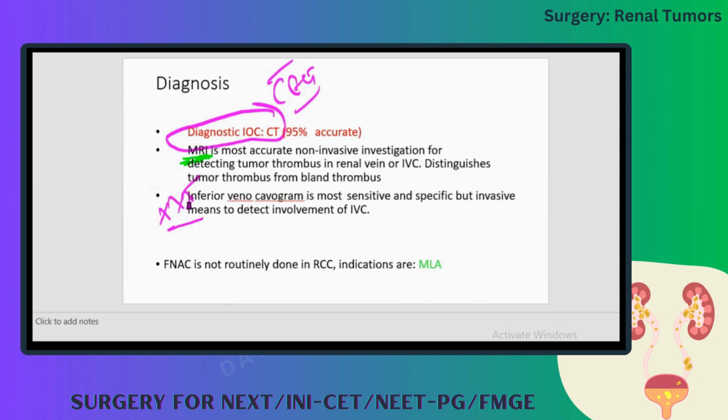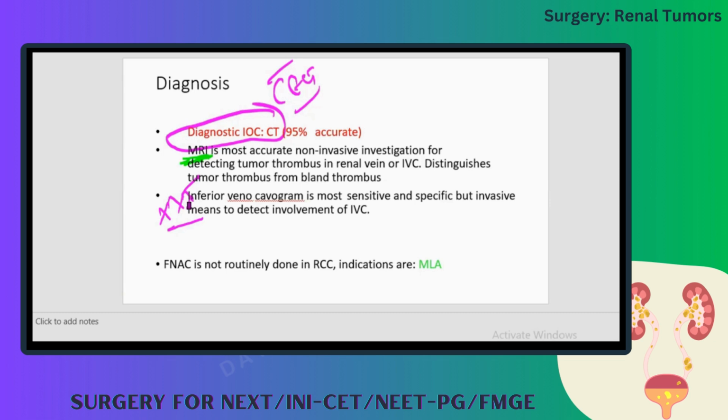I'm repeating one more time. Investigation of choice for renal cell cancer is CECT. Investigation of choice for thrombus of renal cell carcinoma is MRI. But inferior venocavogram, if it is there in the option, this is the standard, the best investigation.